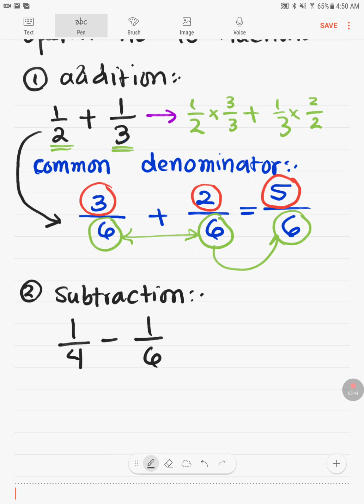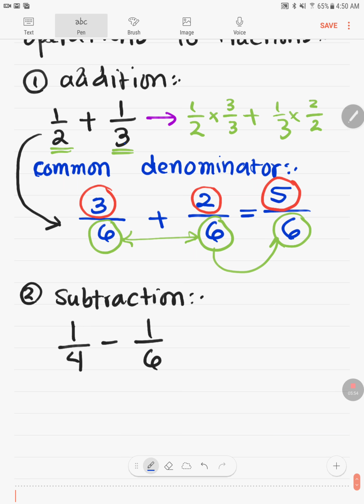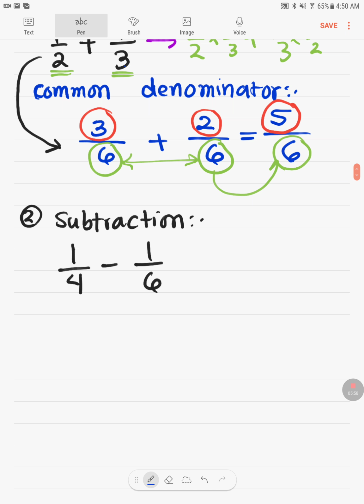So in this case, it's the same exact procedure as before to come up with a common denominator. A common denominator would be, in this case, if we multiply these two numbers, 24.